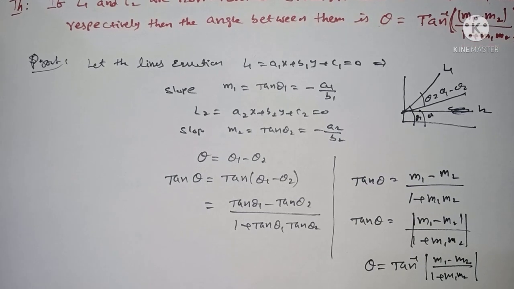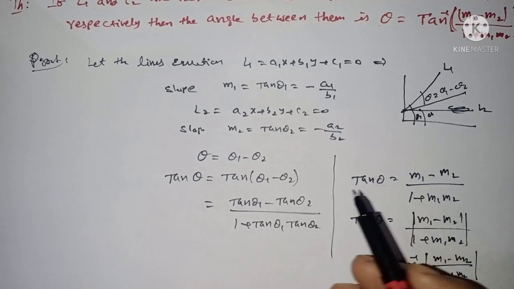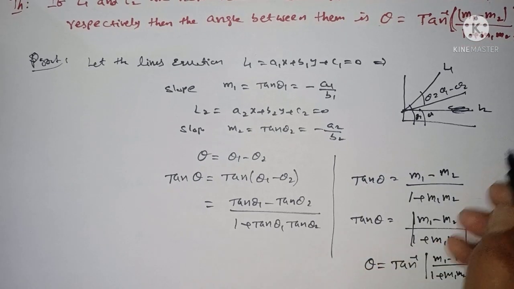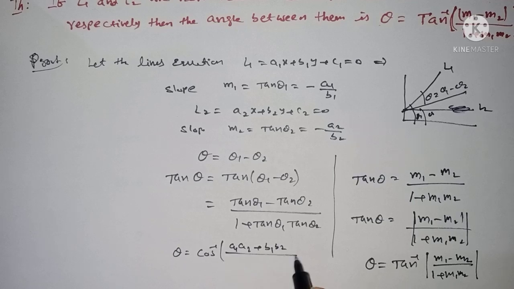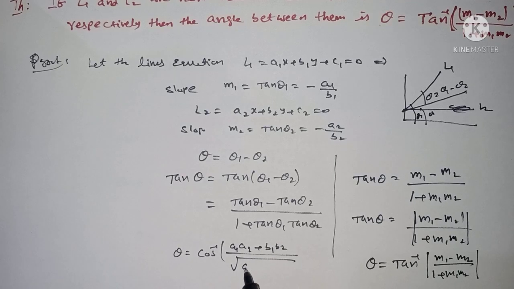Otherwise, you can take cos inverse. What is cos theta? Theta is equal to cos inverse of a1 a2 plus b1 b2 by under root of a1 square plus b1 square into a2 square plus b2 square.